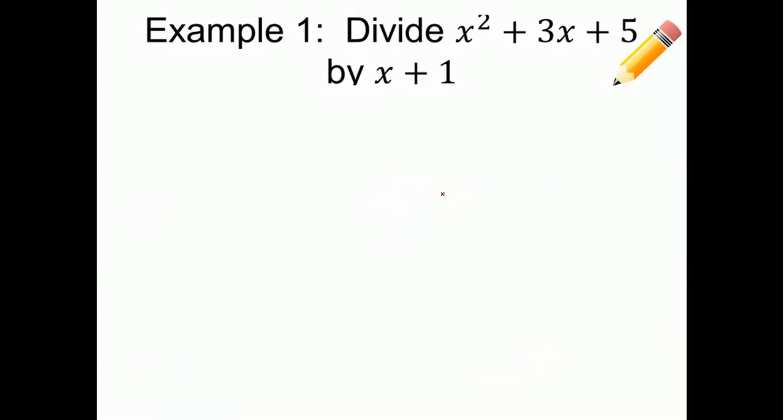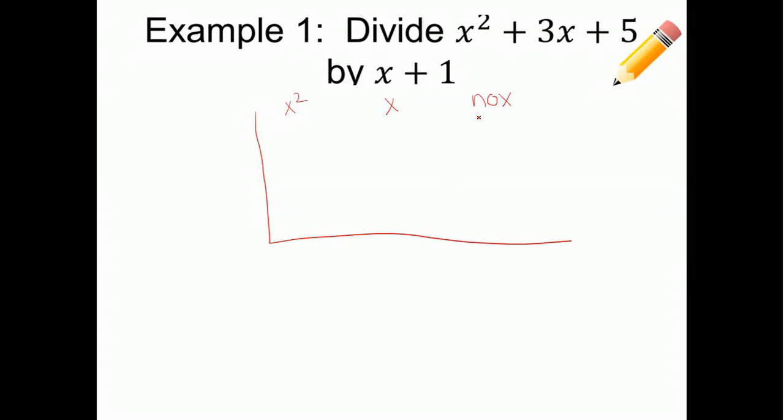So let's do our first problem here. We're going to divide x squared plus 3x plus 5 by x plus 1, basically what we were doing on the other slide. So I'm going to set it up. We're going to have this upside down box here. Now x squared is the highest degree term I have, so my degree is 2. I'm going to start at the x squared, and have an x and a no x column.